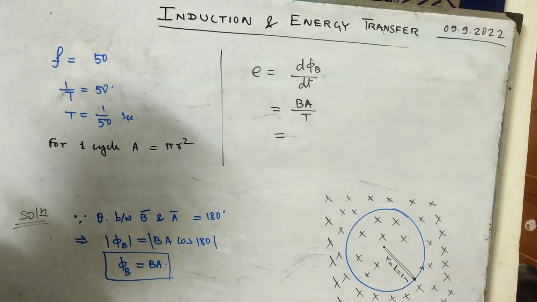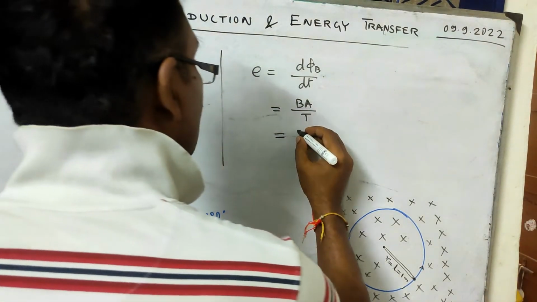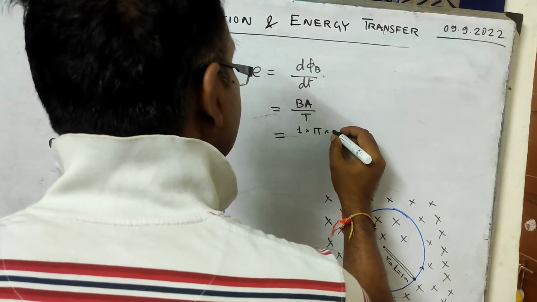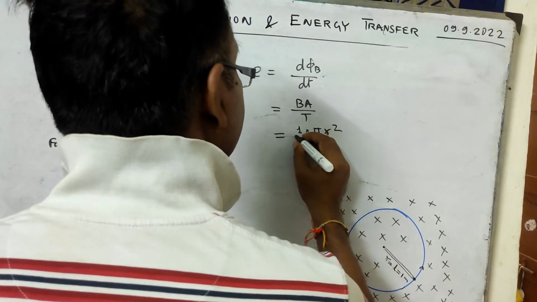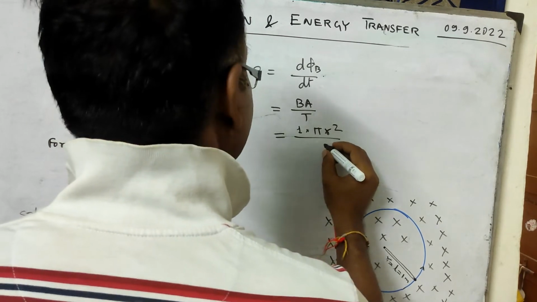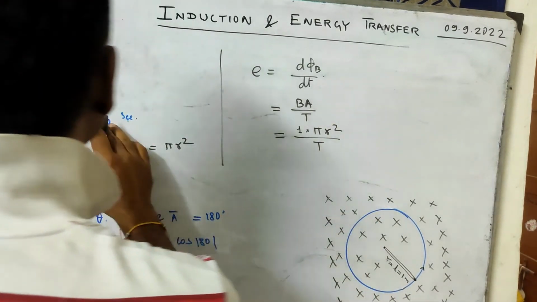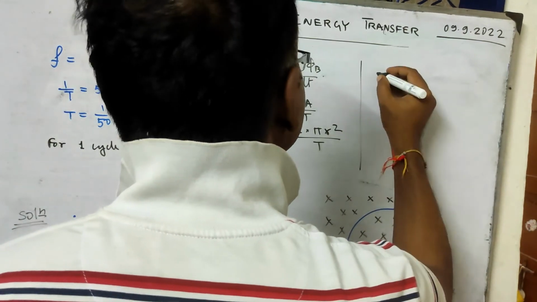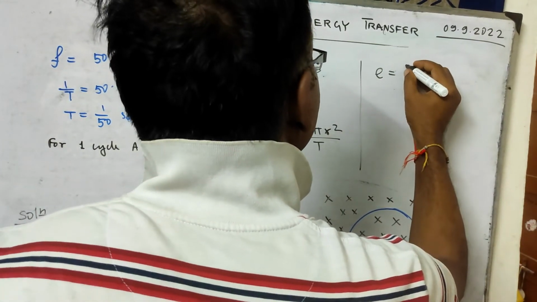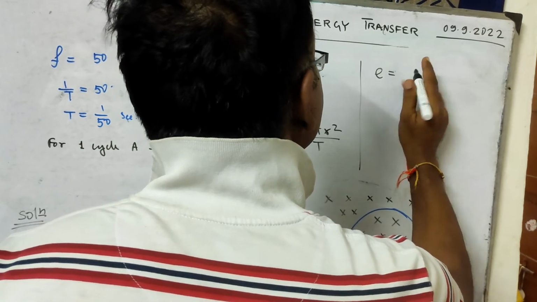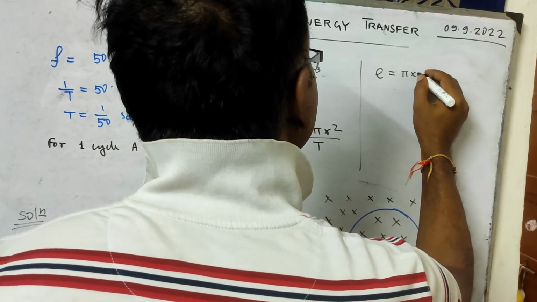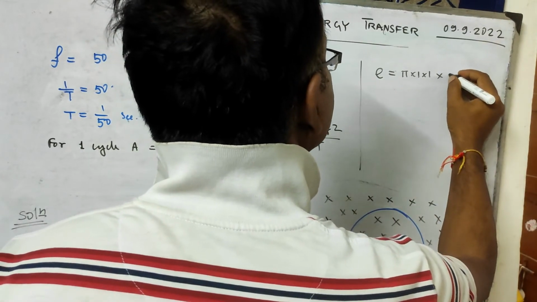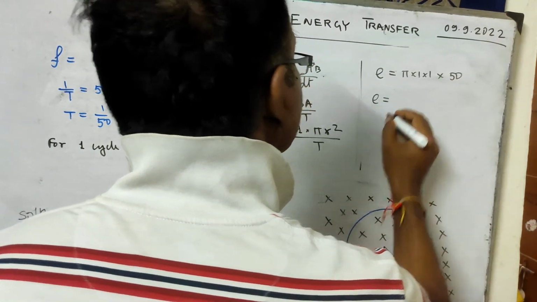I've forgotten. 1 Tesla, right? The area is pi r square, and pi r square by time is 1 by T, and 1 by T is 50. So directly I will write E is equal to pi r square, which is 1, into 50, so 50 pi.